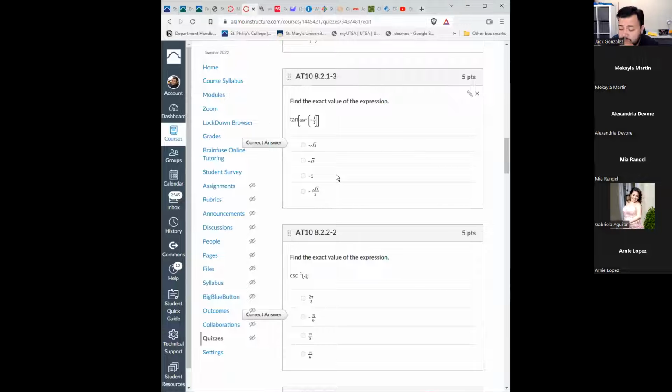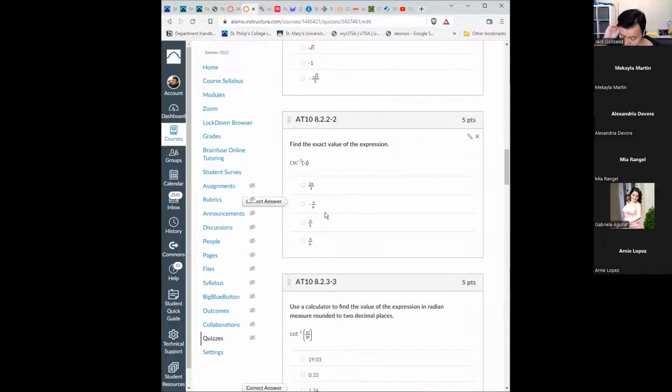So that was number 6, 7. 7, I only want to do it because it's an interesting one. Notice how it's inverse cosecant. So we gotta take the reciprocal first. So cosecant inverse of a -2 is the same as sine inverse of 1/2.